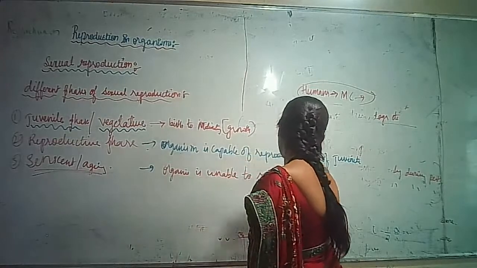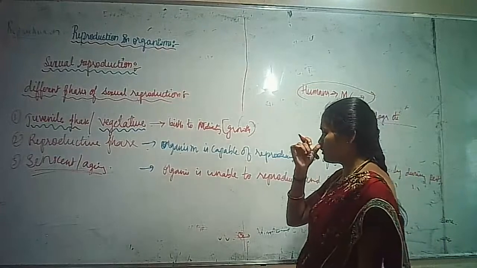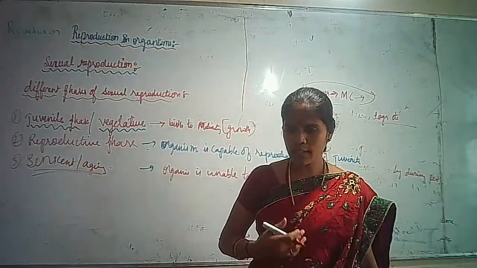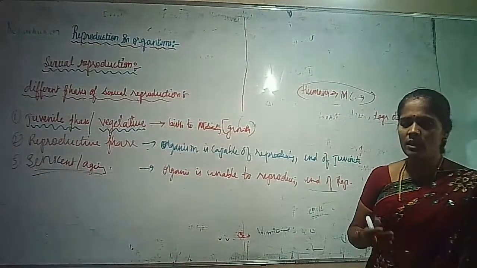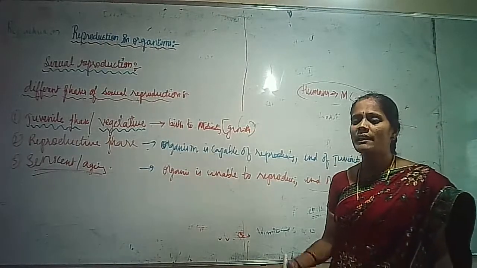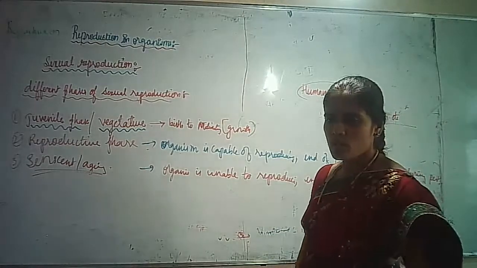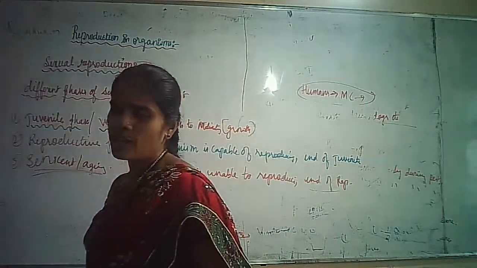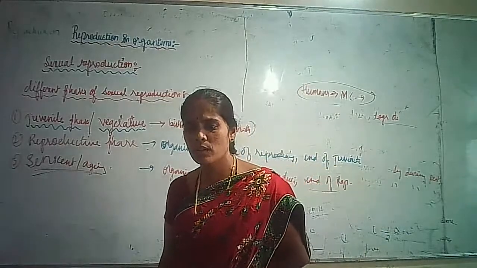The animal or the plant is reaching senescent aging. Slowly the rate of metabolism will be decreasing, and the animal is finally going to die. This is how we call the different types of phases taking place in plants and animals.